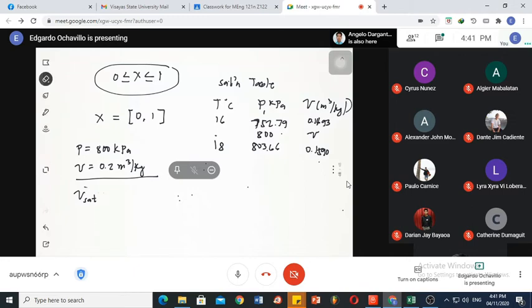This is less than 0.2. So if the given specific volume is greater than the saturation, our state is superheated vapor.